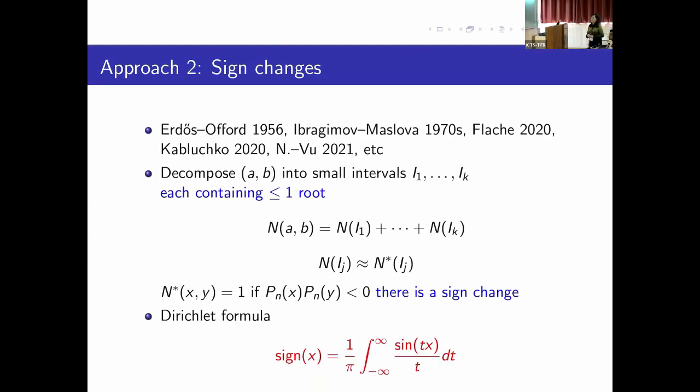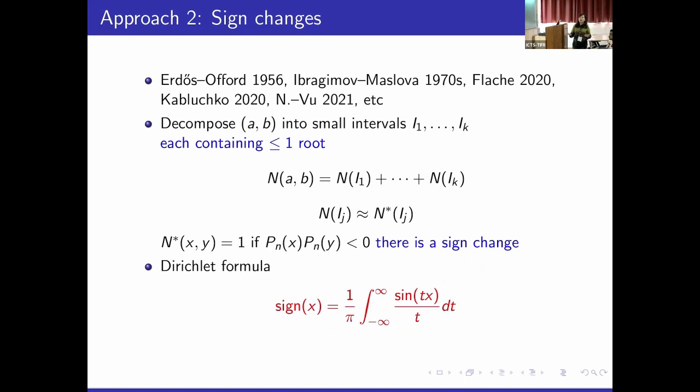But then the big drawback of the Kac-Rice formula is what to do when we have non-Gaussian random variables. Here is the second approach, which was introduced by Erdős and Offord back in 1956, and later refined and improved by a series of papers. The basic idea is that suppose you're interested in the number of real roots in an interval from a to b.